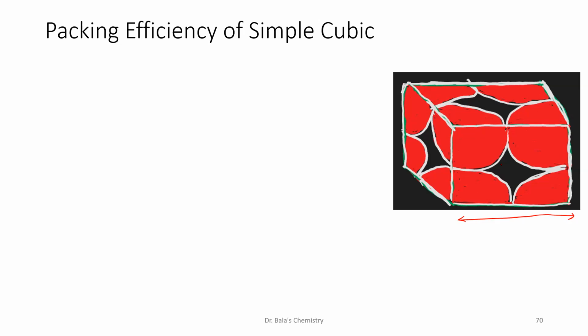So here we can take the a value as 2r, because this is 1r, this is 1r, and the whole thing is a. So a equals 2r, and a cube is (2r) the whole cube. Is that clear?